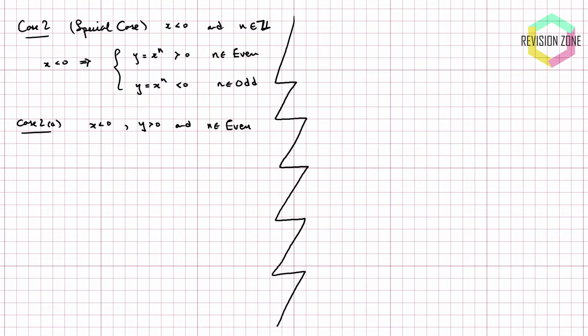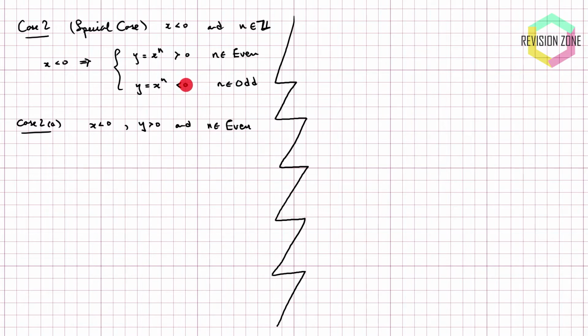So when x is negative, y is x to the n, but if n is even, then any negative number to an even power is going to give me a positive number, right? So when x is negative and n is even, y has to be positive, and similar thinking will tell you that when x is negative and n is odd, y has to be negative.